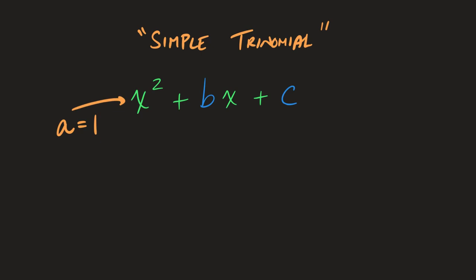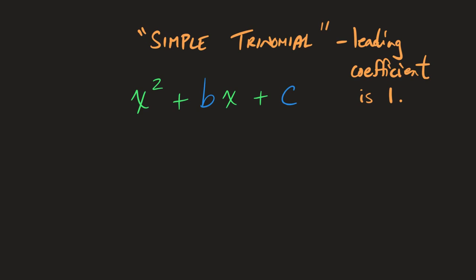So really all we mean when we say a simple trinomial is that our leading coefficient, which you'll often see denoted as A, the coefficient on our squared term, is 1. And anytime we see a trinomial where that's the case, it would be referred to as a simple trinomial.